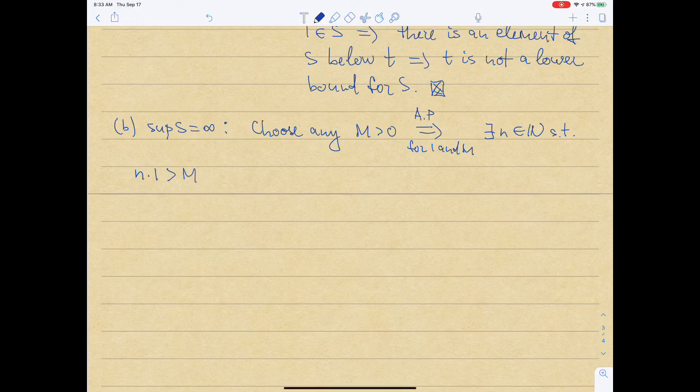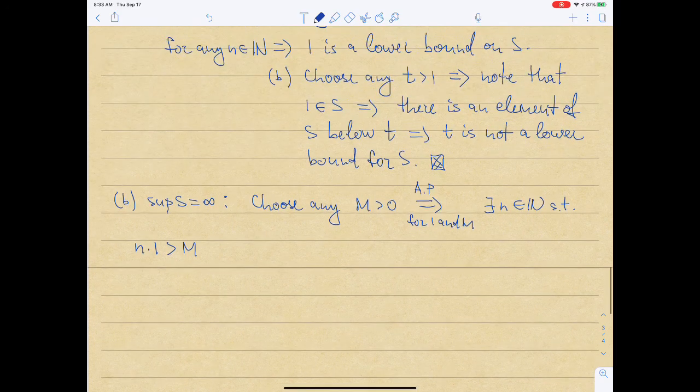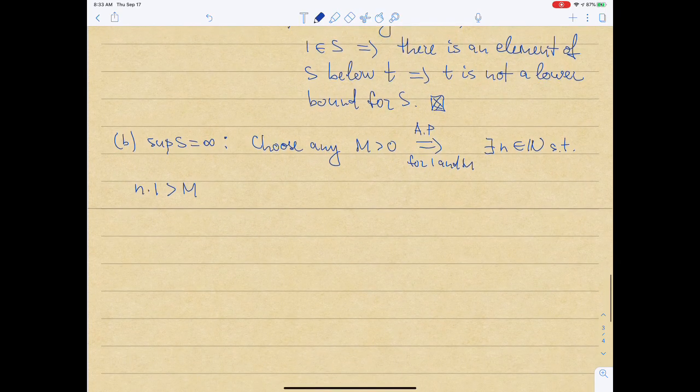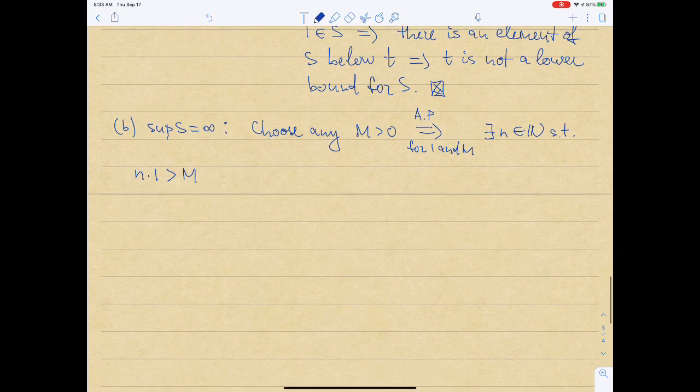So if there exists such a number, then clearly, if I take, let's see, what are we trying to do? We're trying to show that square root of n is bigger than m. So let's modify this a little bit.